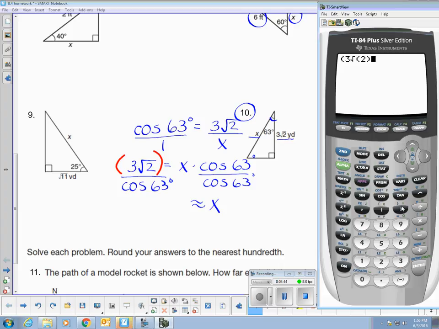So I need to close the parentheses for the radical. There's radical 2. And now I'm going to close the parentheses for that entire 3 radical 2. And I want to divide the entire 3 radical 2 by the cosine of 63 degrees. So I get about 9.35, rounded to the nearest hundredth.